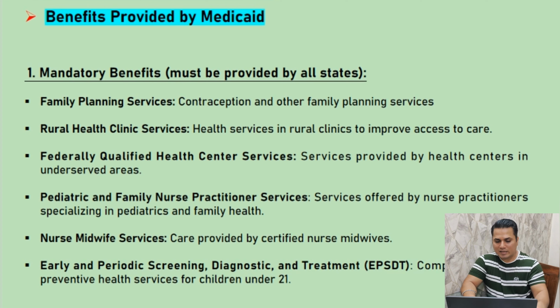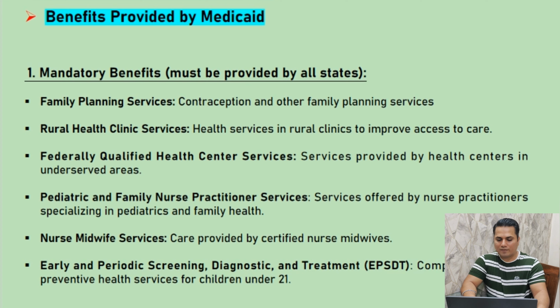Okay, family planning services: contraception and other family planning services. Rural health clinic services: health services in rural clinics to improve access to care. Federally qualified health center services: services provided by health centers in underserved areas. Pediatric and family nurse practitioner services: services offered by nurse practitioners specializing in pediatrics and family health.